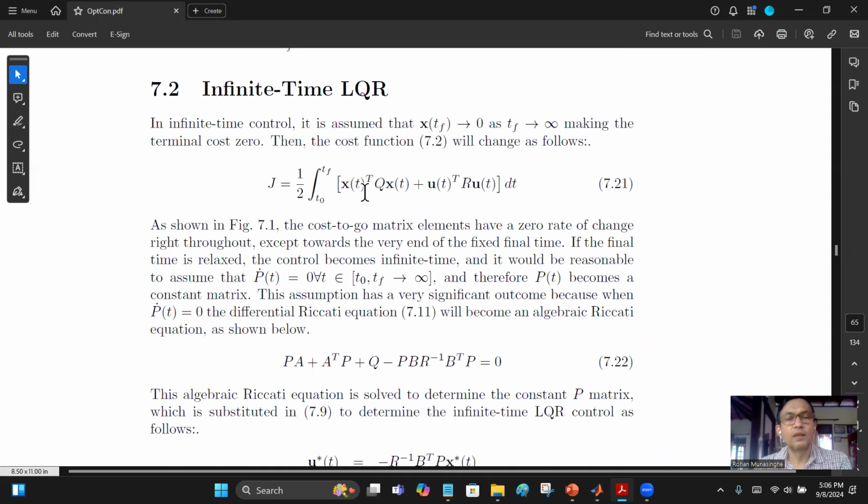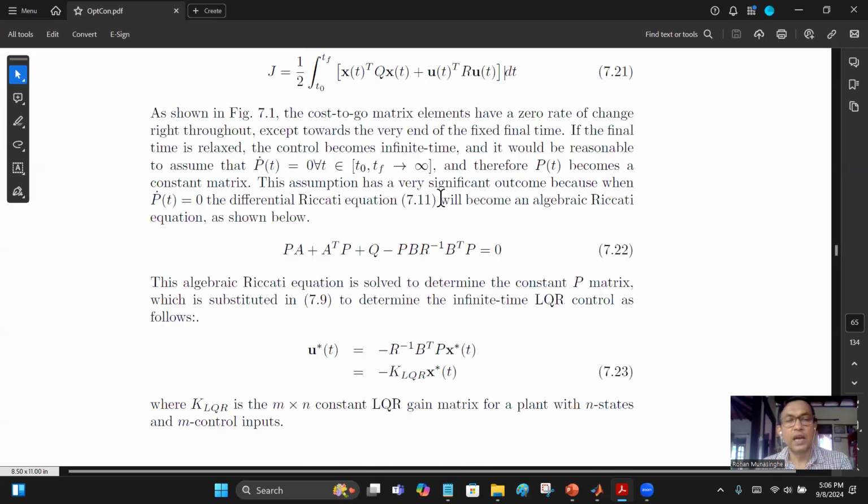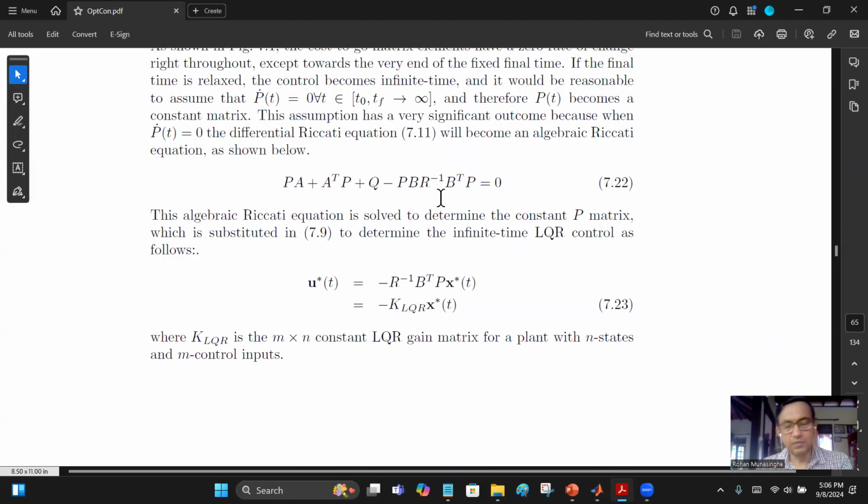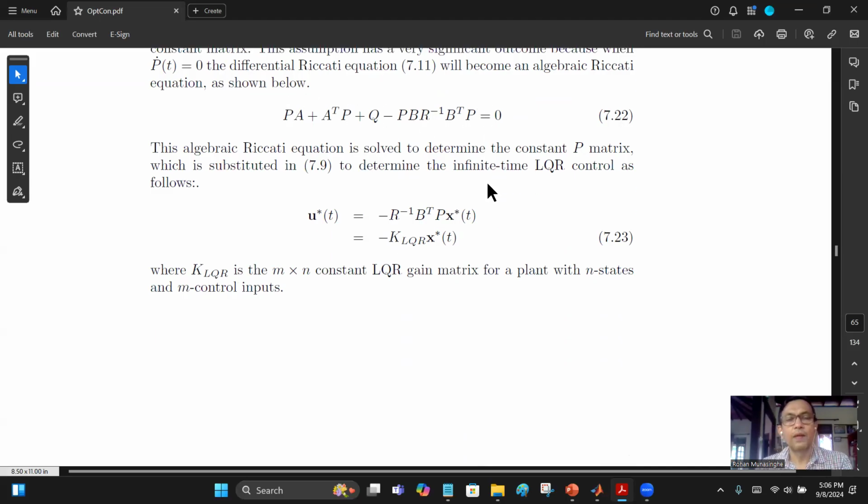So this is our G running cost. There's no final cost because the final state is zero. We assume that. And the algebraic differential matrix equation eventually becomes an algebraic matrix equation, so manageable. The rest is the same.